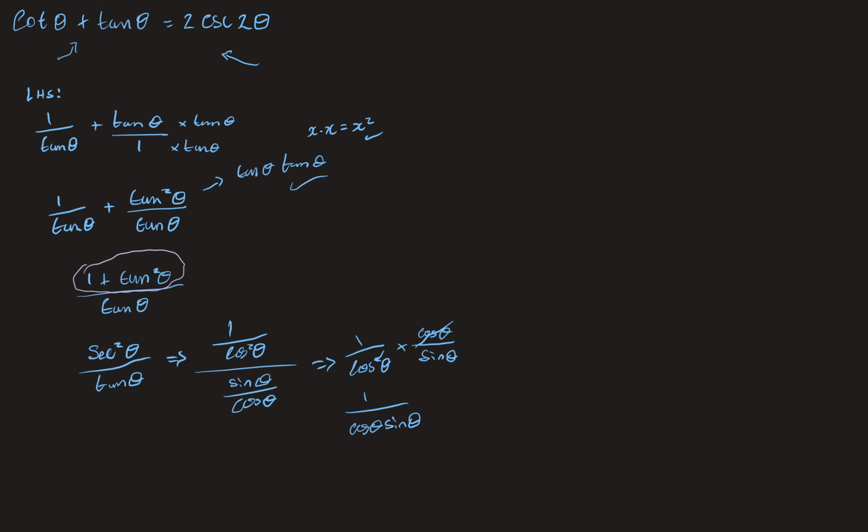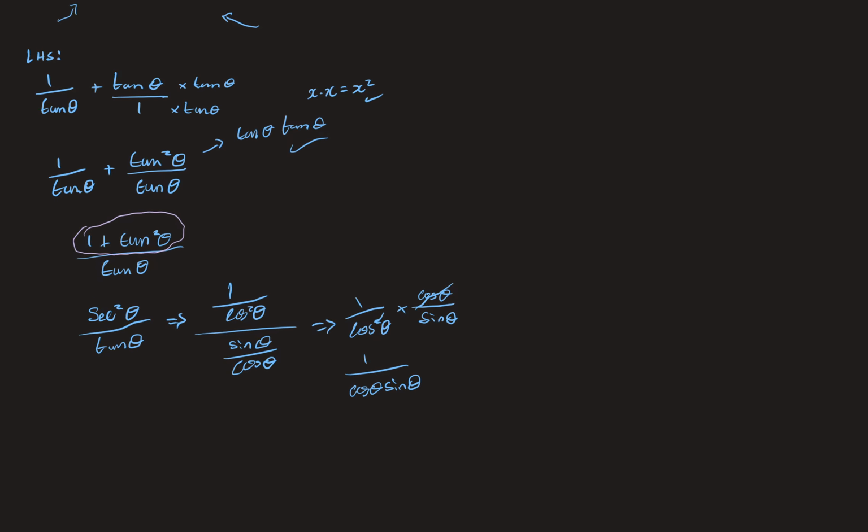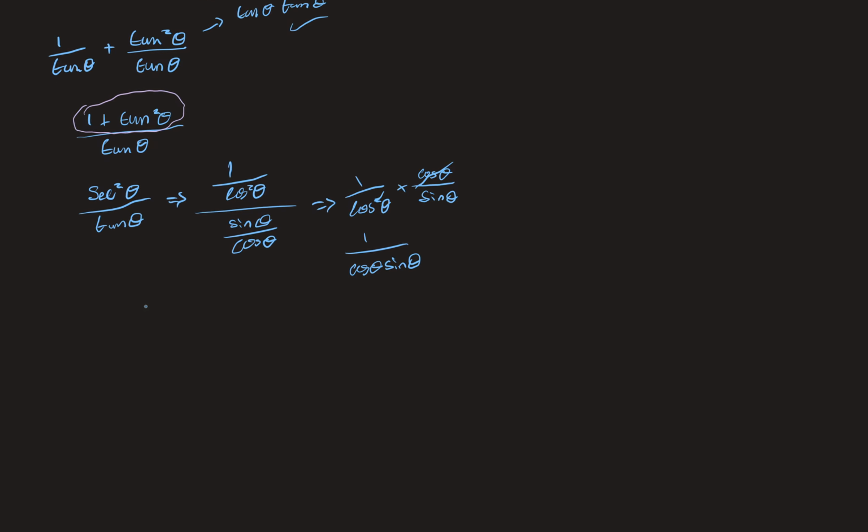So is there anything more we can do to this side? This is the maximum we can do to the left side, the simplest form we can get it to. We deduced that the left hand side is equal to 1 over sine theta cos theta, same thing, just rewriting the denominator.